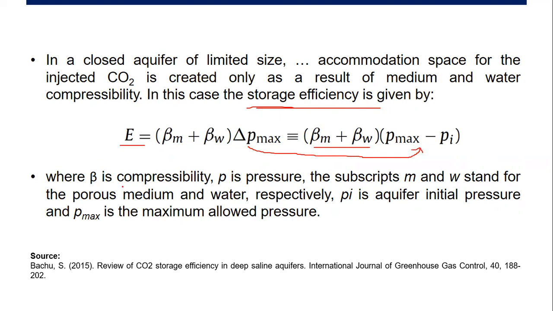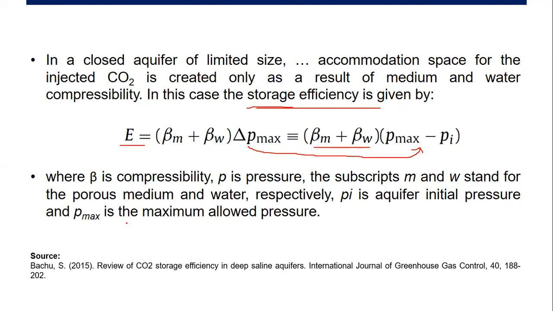And beta is the compressibility, whereas P is pressure, and the subscripts M and W stand for the porous medium and water, respectively. And PI is the aquifer initial pressure, and P max is the maximum allowed pressure, talking about safe pressure below the fracturing pressure.